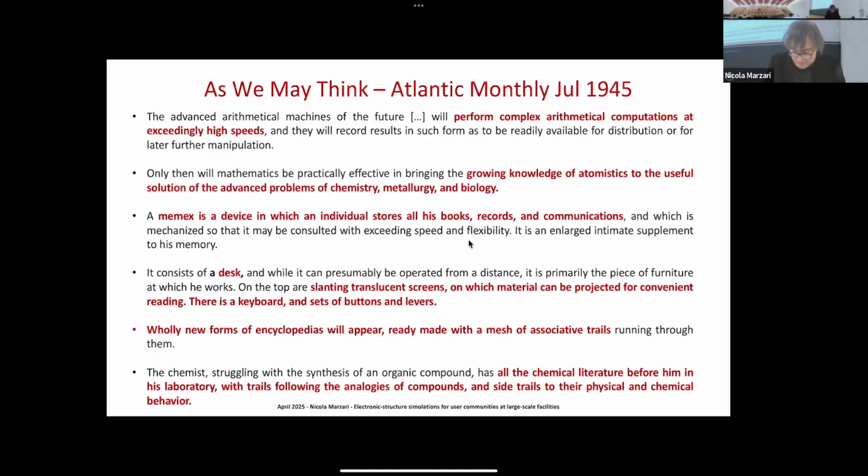And it says that the poor chemist will have all the chemical literature before him in his laboratory, and he will be able with these trails, or hyperlinks, to follow all the analogies of compounds and side trails to the physical and chemical behavior. So this is quite great, I would say, 1945, Vannevar Bush. So Hartree used the differential analyzer, solved the problem, and went back to Cambridge.